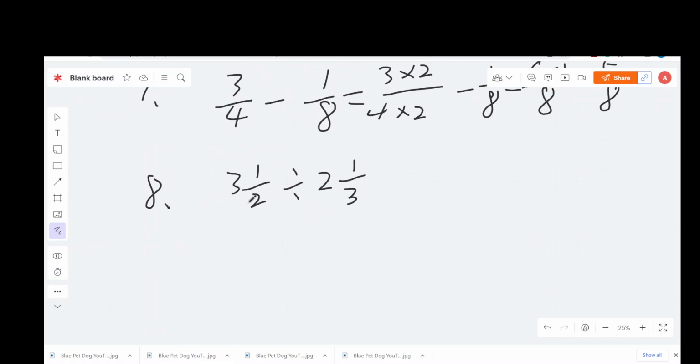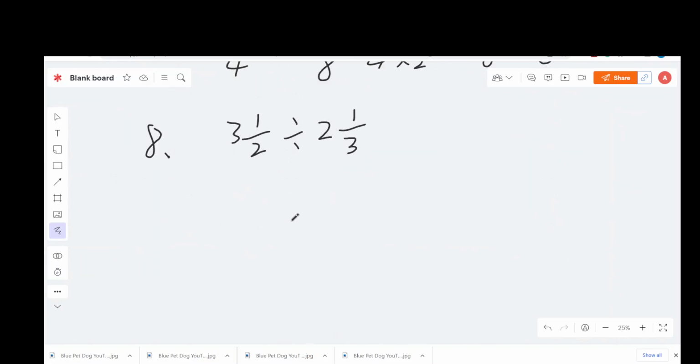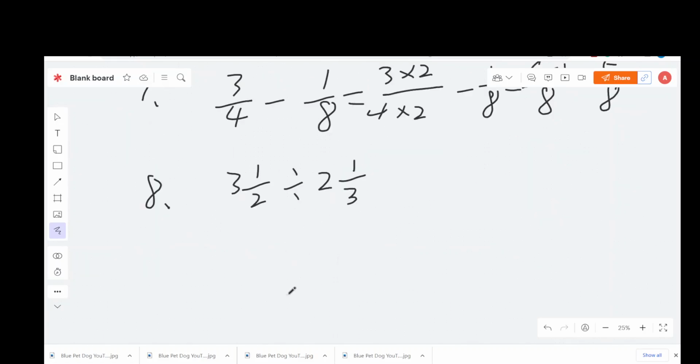So this one, 3 and 1 over 2 divide 2 and 1 over 3. For this kind of calculation, the first step we should make the mixture fractions into improper fractions. Then second step, we change this division to multiplication. Okay, here we have enough space.